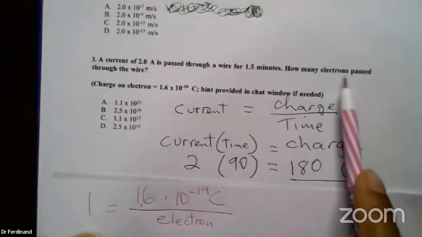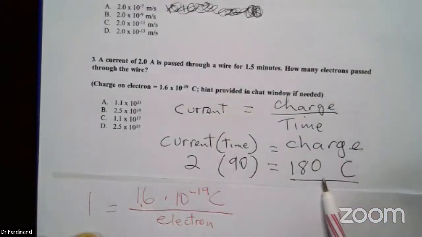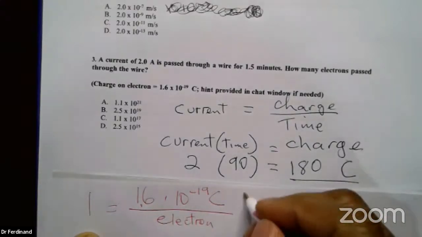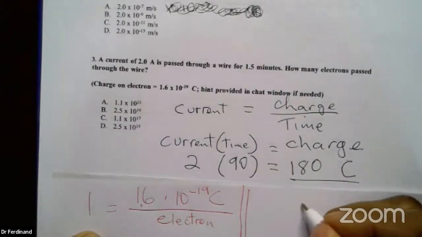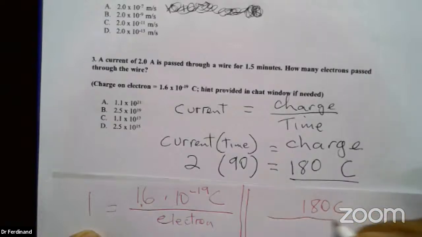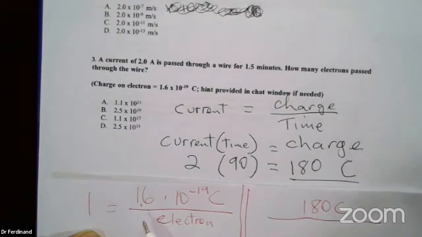Because we're asked, how many electrons are there? Well, we have 180 coulombs, and we know how many coulombs are in an electron. Therefore, let's take 180 coulombs and divide it by 1.6 times 10 to the minus 19.